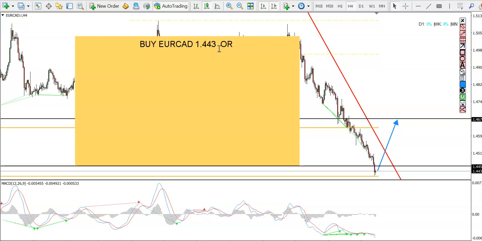Or if you want to be more cautious, wait for first 4 hour or 1 hour MACD divergence.